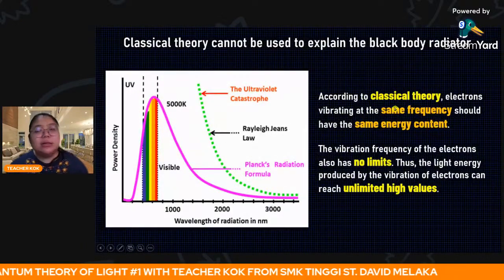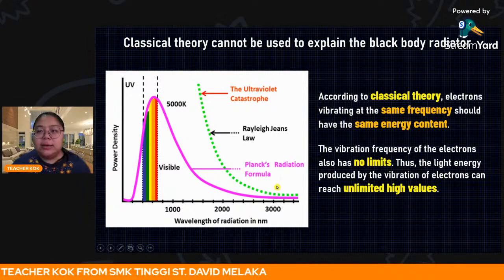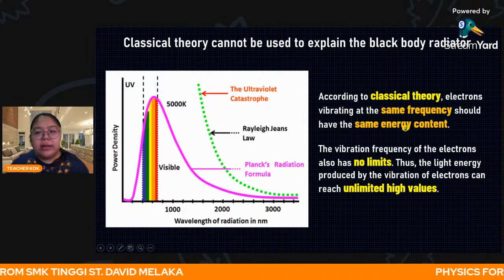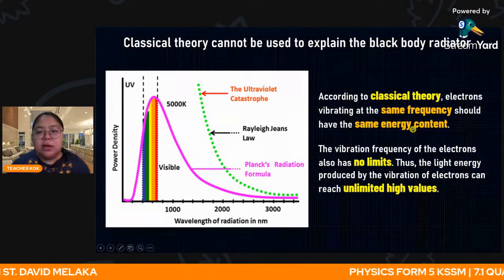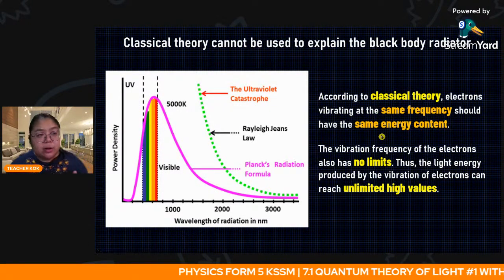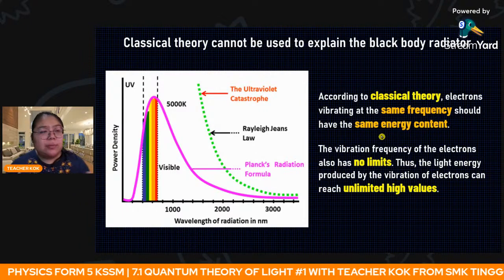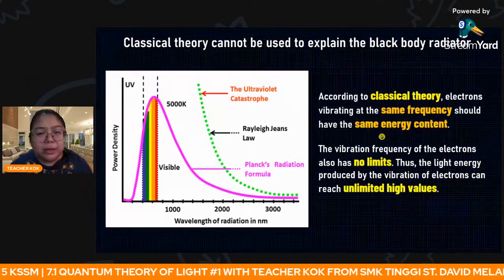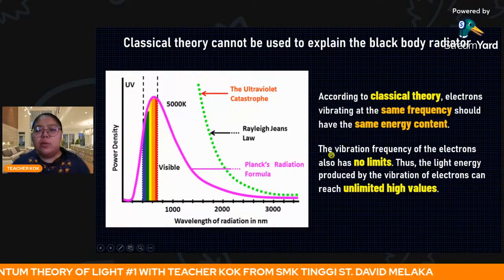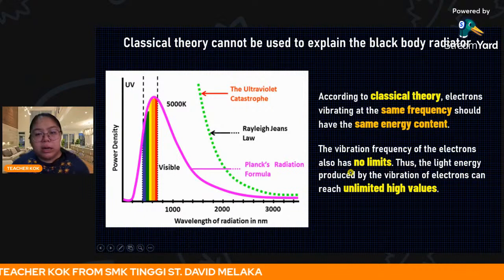According to the classical theory, okay, we're talking about classical, for the green color light, electrons vibrating at the same frequency should have the same energy content. Agree or not? Okay, so that means when the frequency is higher, your energy should continue to increase, is it? Okay, the vibration frequency of the electrons also has no limit.